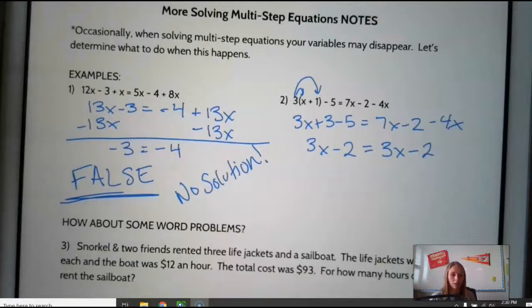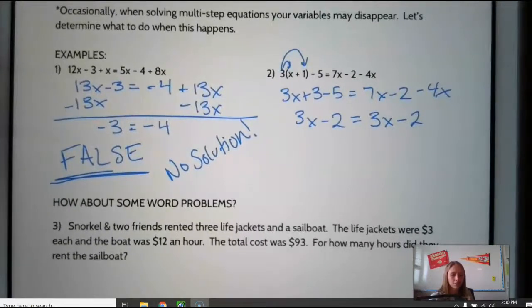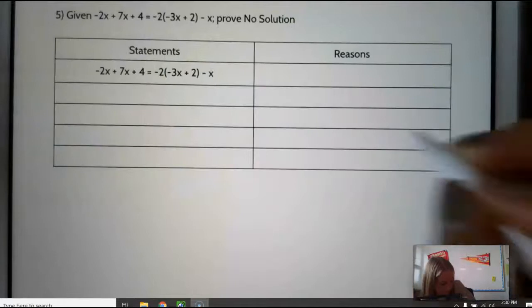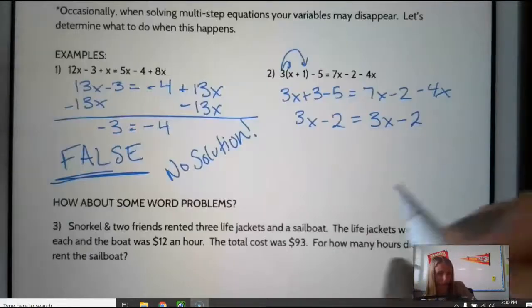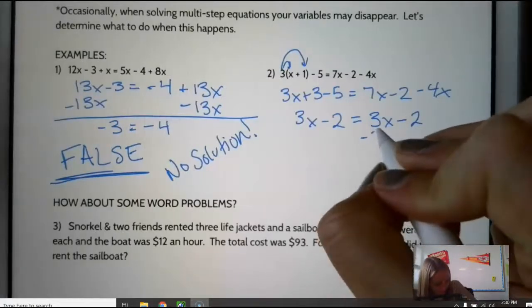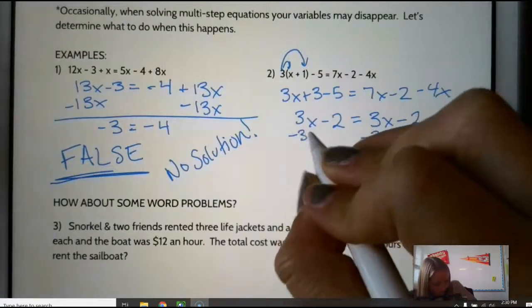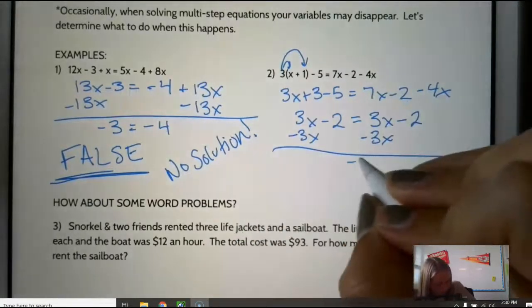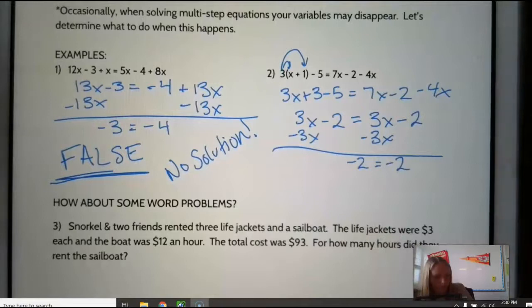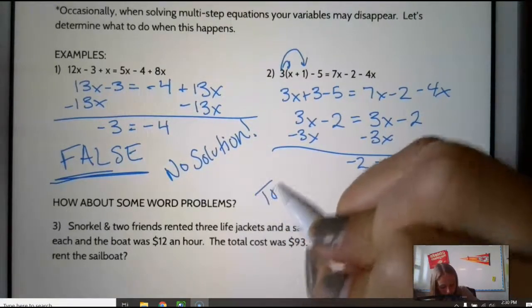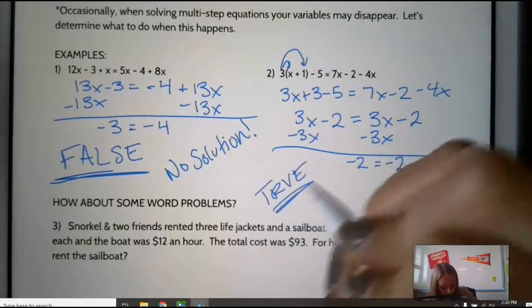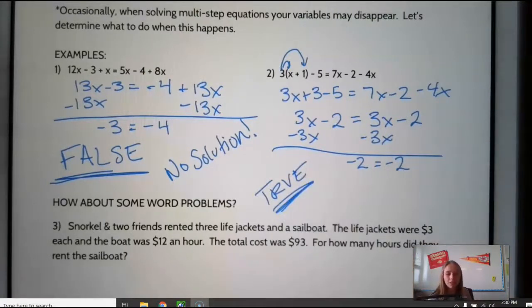I'm going to move my x's onto the same side, so I'm going to subtract 3x from both sides, and I get negative 2 equals negative 2. Now that is true, okay? So that is a true statement.